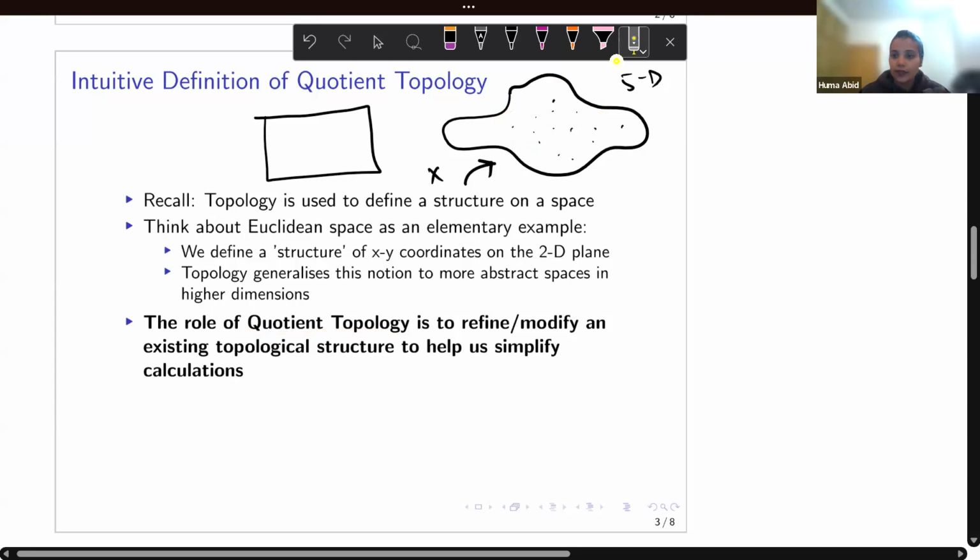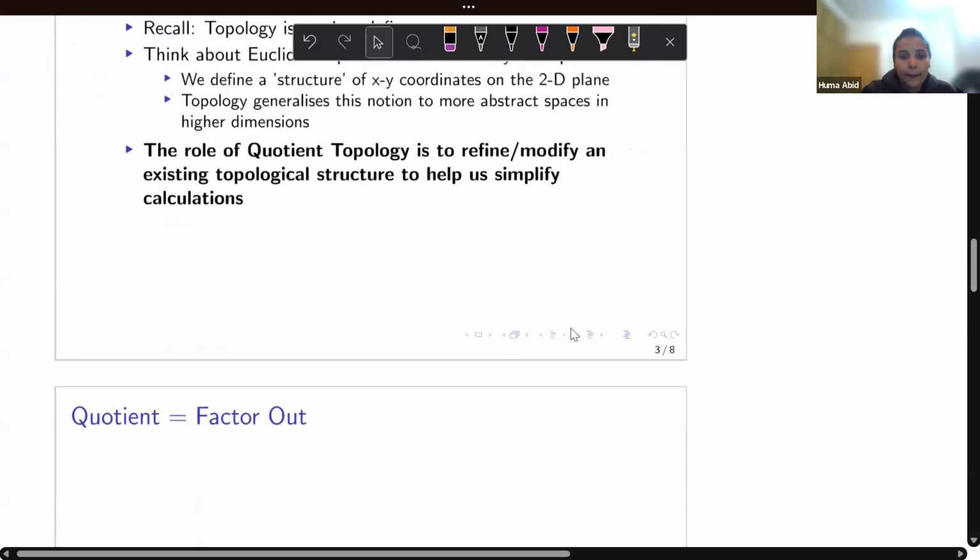All of this will become more concrete as we progress into the lecture, but for now, for the basic motivation, you need to remember that for any topological space where you want to simplify the structure and identify points together so that your calculations are easier, quotient topology is what you use. All right. Any questions so far? No? Okay.